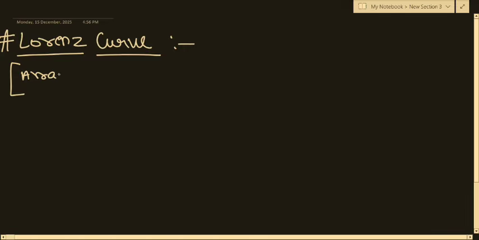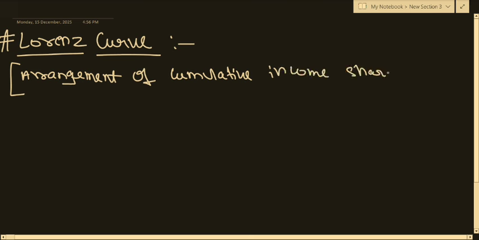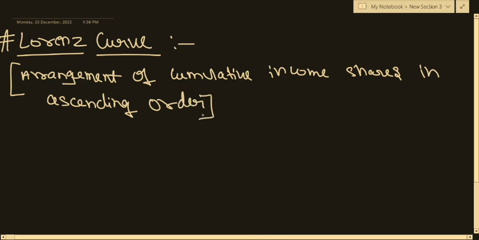This is an arrangement of cumulative income shares in ascending order. One important thing about the Lorenz curve: when you draw it in the examination, always draw it in a closed square box.